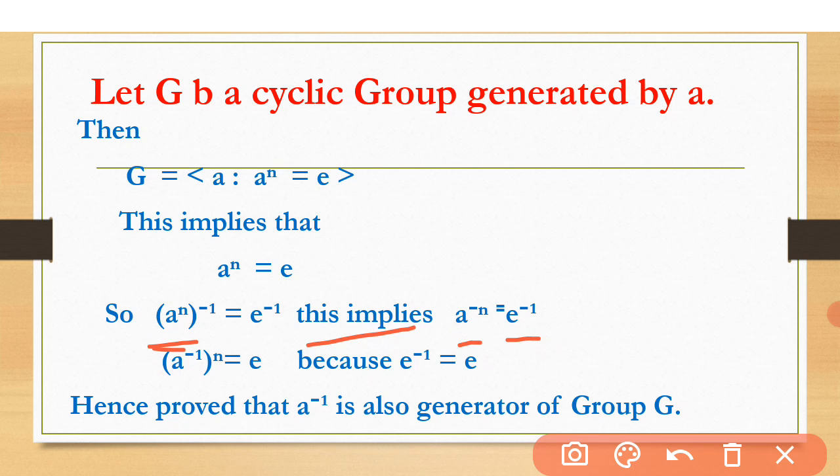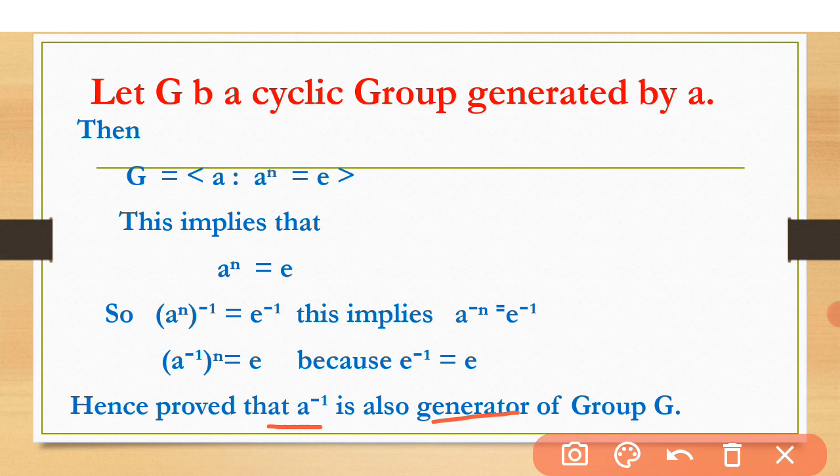It can be written like this: A inverse raised to power n is equal to identity, which we required, because the self inverse of the identity element is also the identity element. Hence proved that A inverse is also a generator of G.